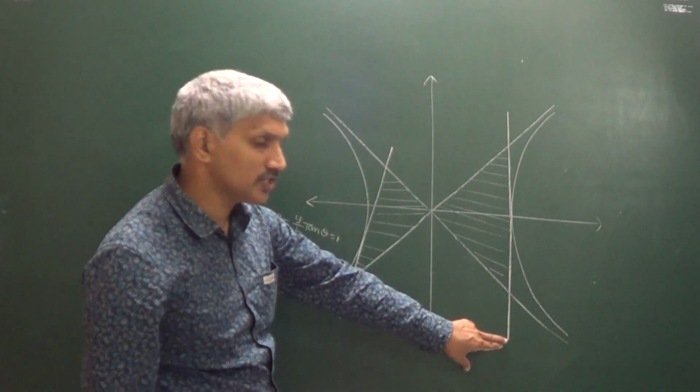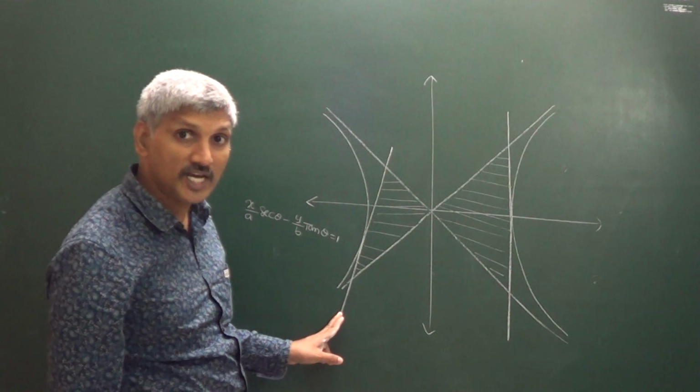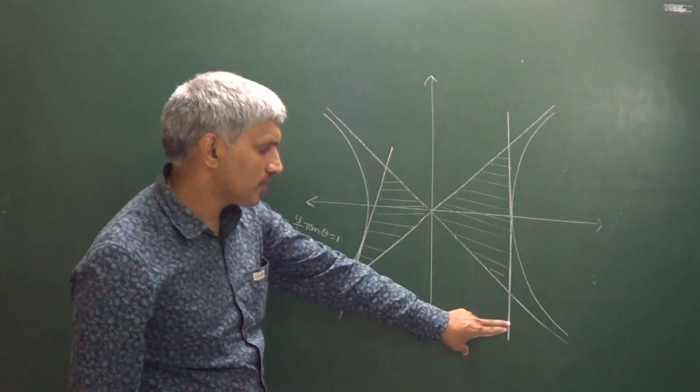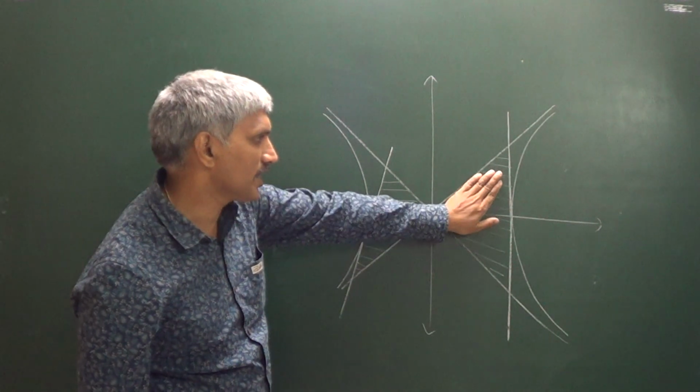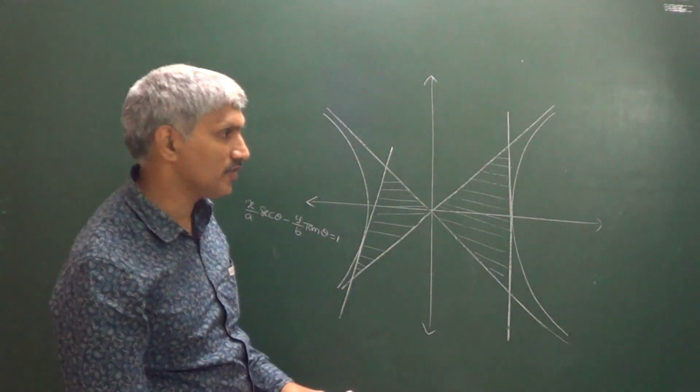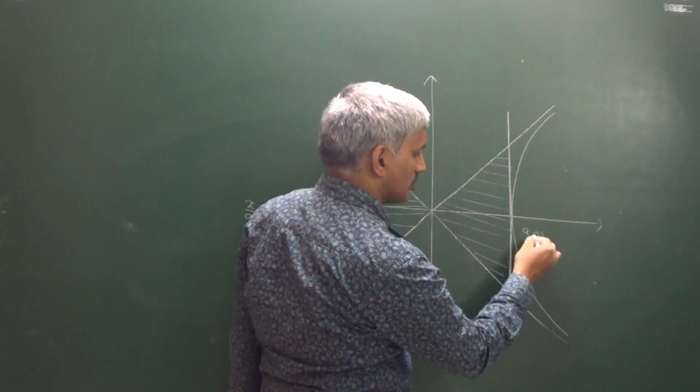Here this line is a tangent to the hyperbola, and here also the line is a tangent to the hyperbola. So the tangent to the hyperbola with its asymptotes gives a triangle. What about the area of the triangle? You know very well, this point is (a, 0).